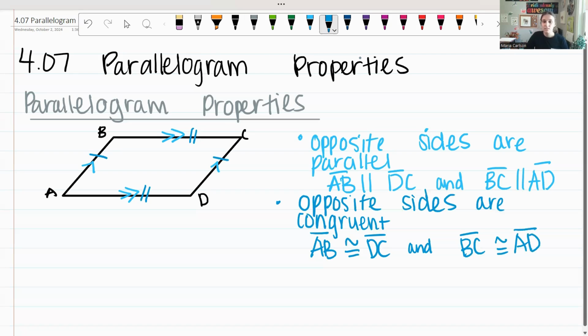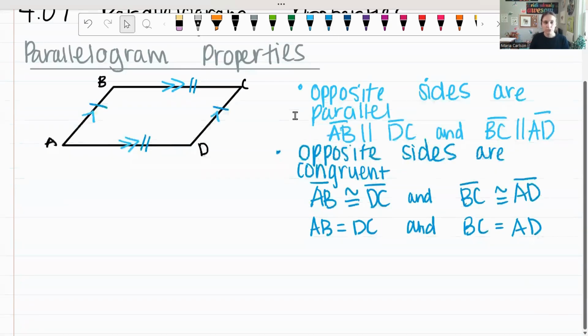This also means that their measures are equal: the distance between AB and DC is equivalent, and the distance of BC is equal to the distance of AD. Those two lengths are the same. We have congruent segments, so their measures are equal. So that talks about their sides.